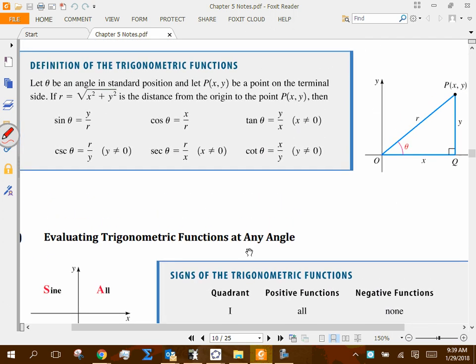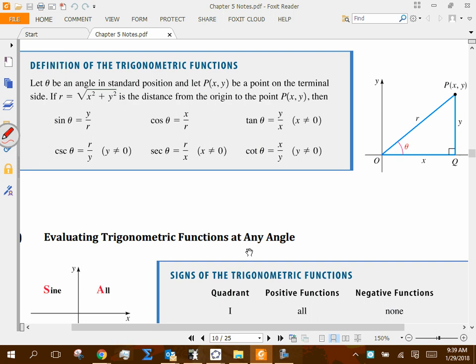All right, so we know that sine is just opposite over hypotenuse, right? But if I force this triangle to be in the coordinate plane, and I put it in standard position, opposite over hypotenuse now is just y over r, right? So instead of using the phrase SOHCAHTOA a lot of times, usually here you say sine theta is y over r.